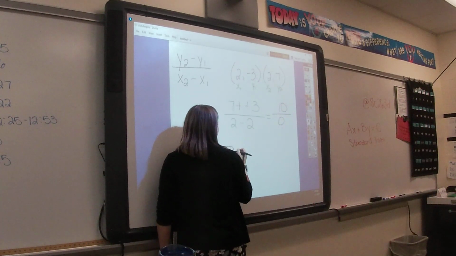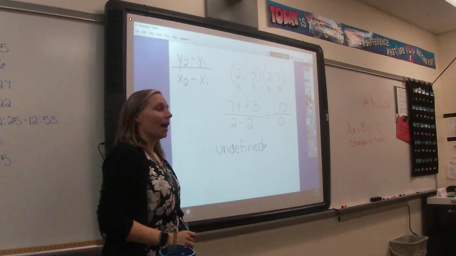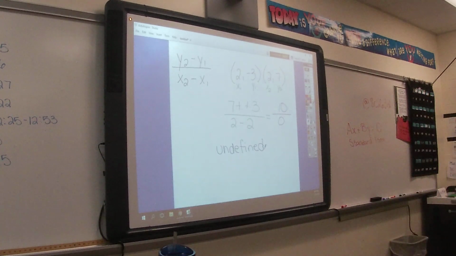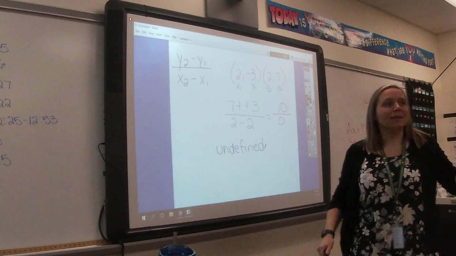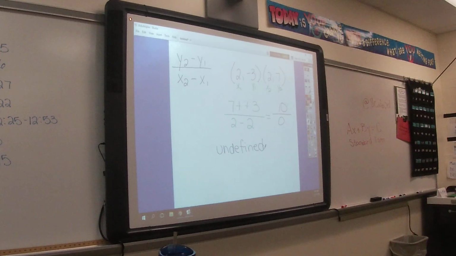Undefined. What does undefined slope look like? My students would equate this to death. If we're skiing, I cannot ski. Pretend I'm skilled, and if there's a steep slope, okay, great.